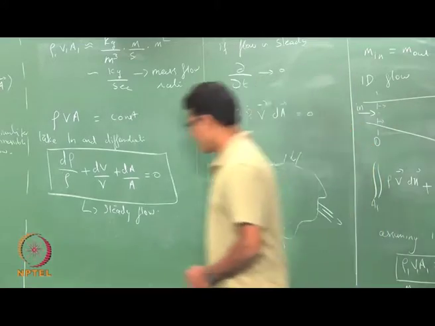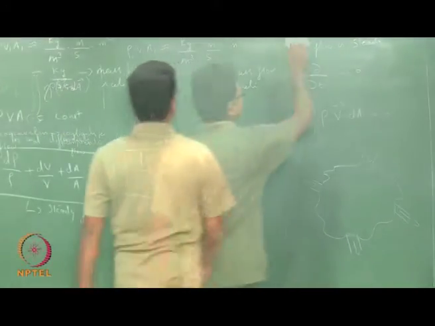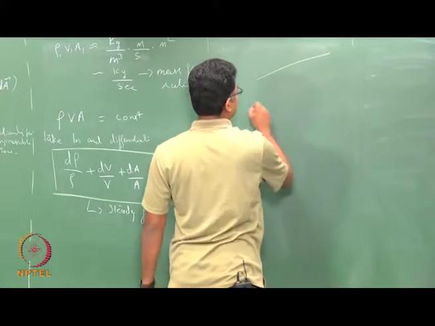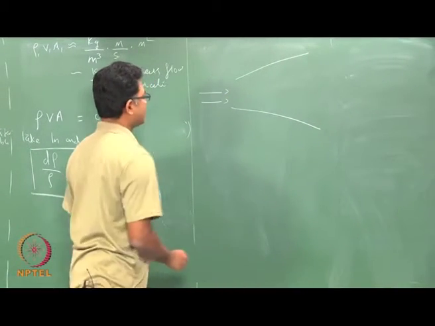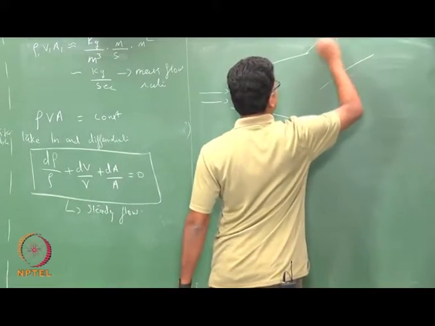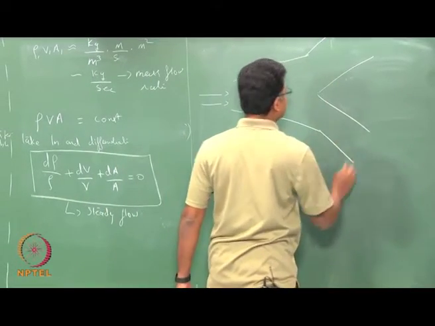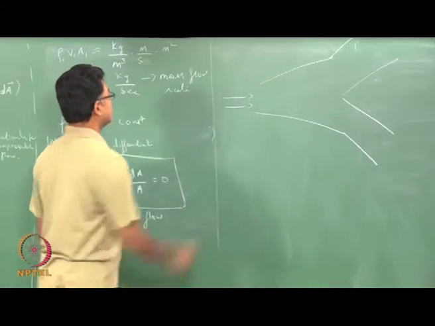So, where do you apply this equation? So, if I have a system in which I have a flow, then this deviates into 2. So, it is an example.